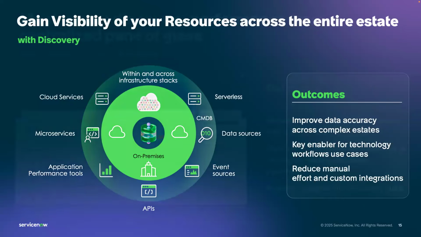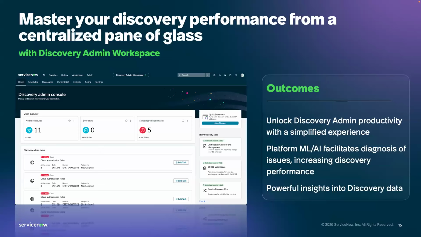And we've implemented the Discovery Admin workspace to really facilitate the rollout of Discovery. So being able to create those discovery schedules, execute on those discovery schedules, and move into that day two operations of, okay, now that I've got my discovery schedules running, let's go out and figure out where my errors are.